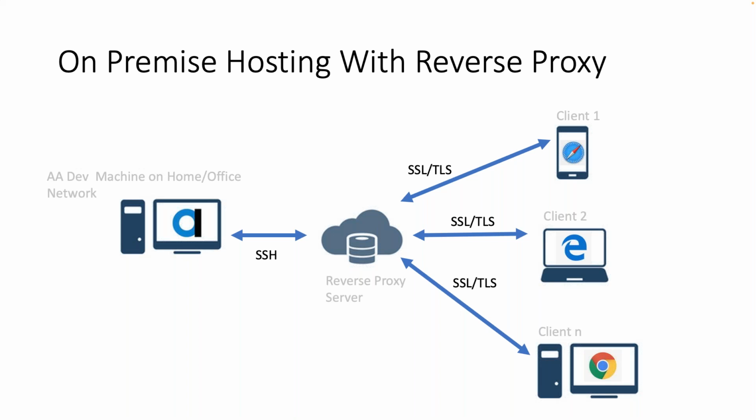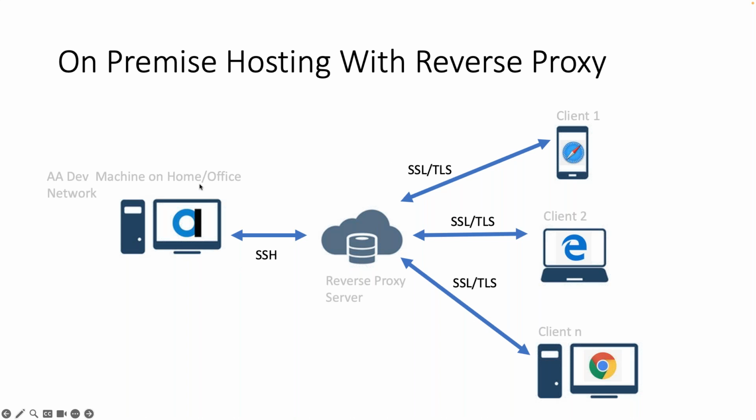So let's first of all take a look at the architecture between the two. With a reverse proxy, you have a bunch of clients who you want to connect to your machine, but your Alpha Anywhere server is running behind a firewall. It could be in your home office network, or in your network operations center, but it's behind a firewall. You don't want to open up that firewall, and you don't want to expose your IP address to the rest of the world.